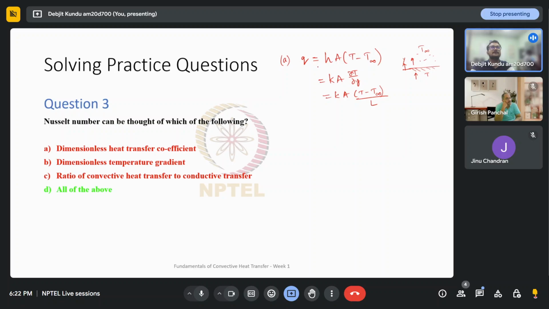So if I write this as HA into T minus T infinity and cancel out A and this temperature difference, then I'll get HL by K. So this itself is a dimensionless form of H. H is the dimensional form, whereas this HL by K is the dimensionless form.